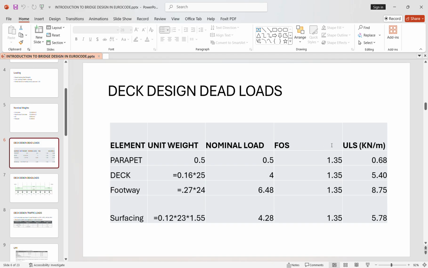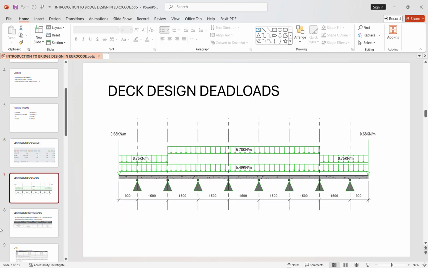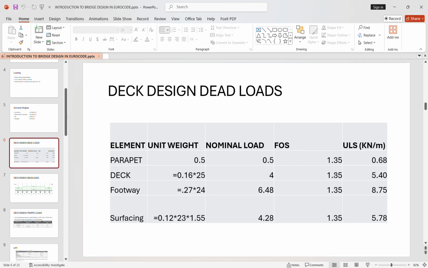So this ultimate limit state load, this is the way we shall be applying our loads on our bridge deck. So as you can see, for the footway, this is the deck self weight, which is 5.4 as we determined from here.